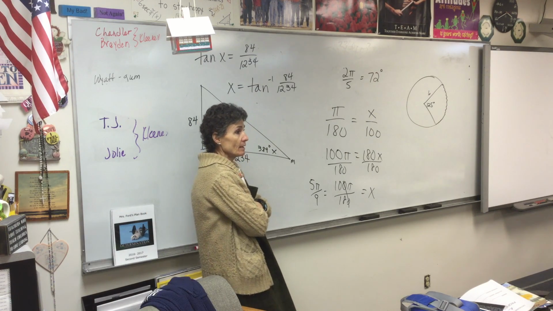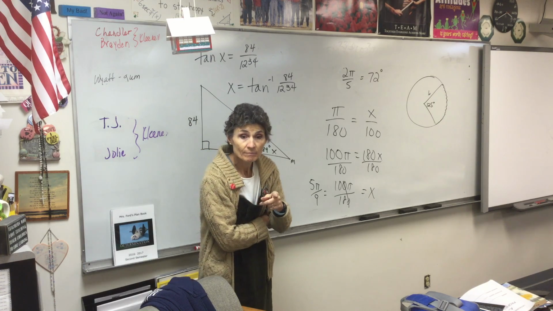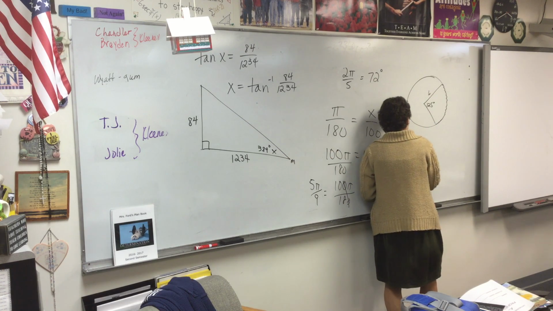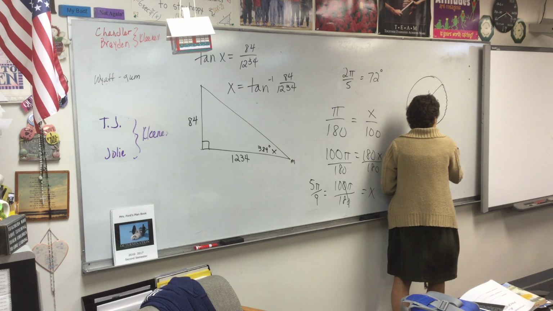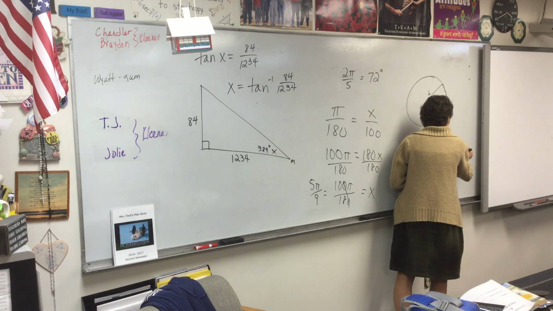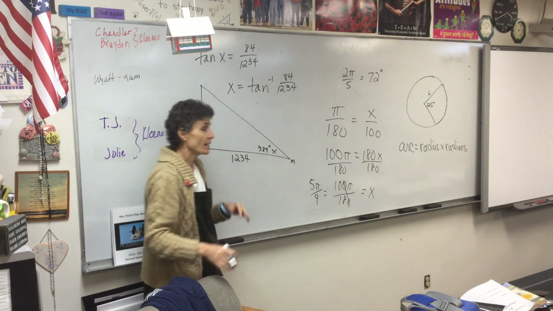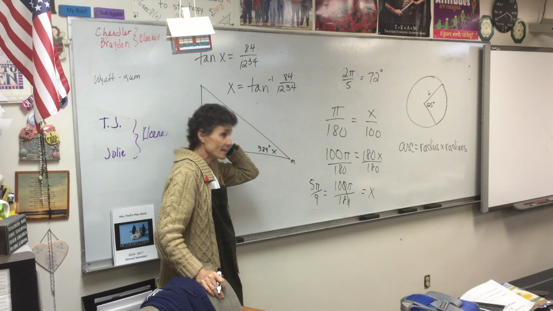Anybody remember how to do this? Ellie says arc length is radius times radians. And I know what you're thinking. Oh my gosh, there's so much to remember. I know there is.